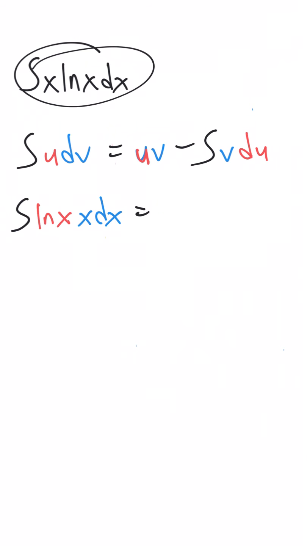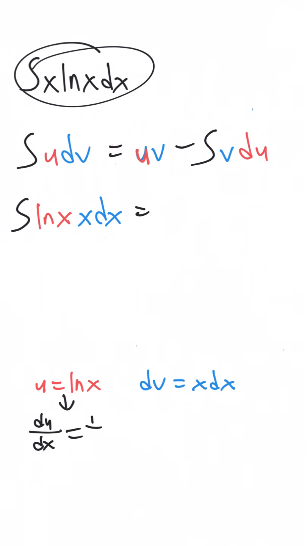I just said that u is equal to natural log of x, and dv is equal to x dx. So we differentiate with respect to x, and we get du dx equals 1 over x, which is the same as du is equal to dx over x.